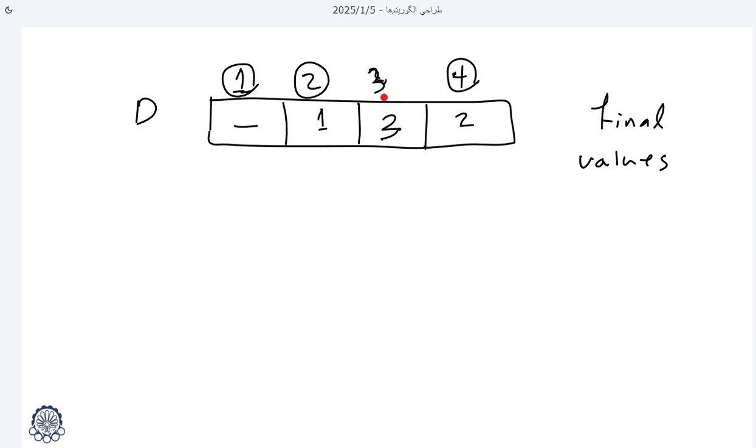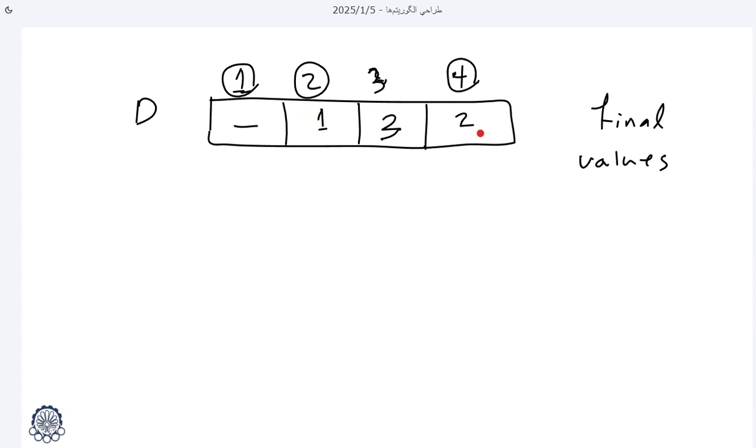At this step we finish the algorithm because there are no more nodes that can be selected as W, and there are no neighbors for W that we can update because only one node remains here. So we stop the algorithm.